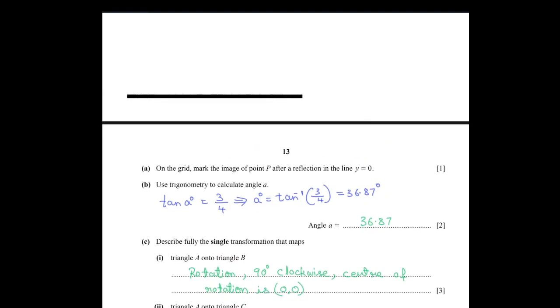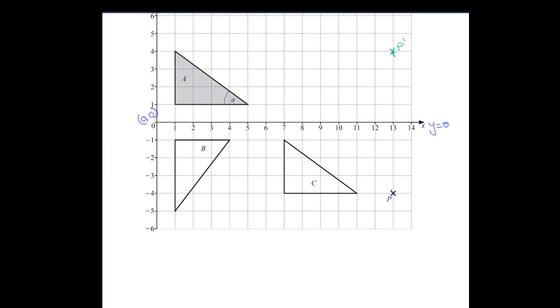Triangle A onto C. This has been replaced, shifted to another place, so it is a translation. Take the corresponding vertices. Let me take this vertex and count how it is shifting. 1, 2, 3, 4, 5 boxes down, and 1, 2, 3, 4, 5, 6 boxes right.